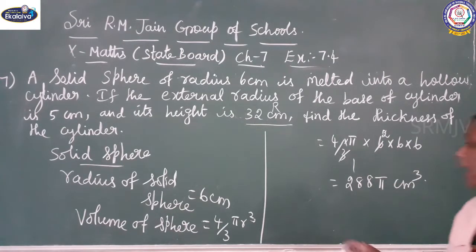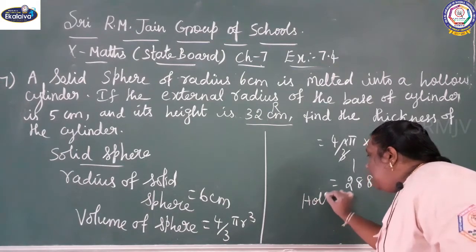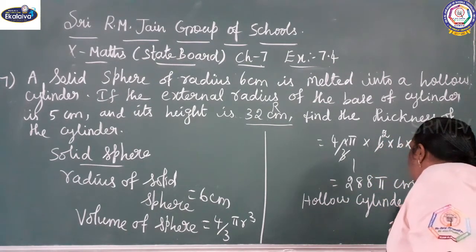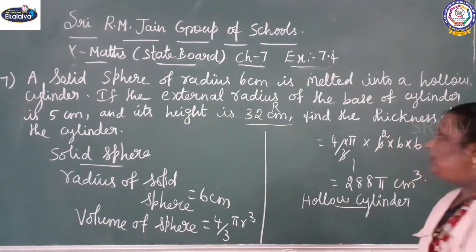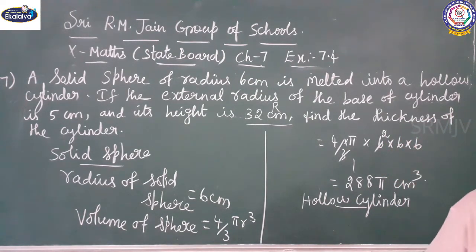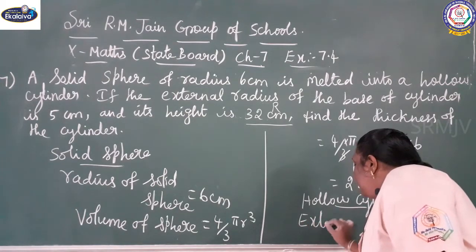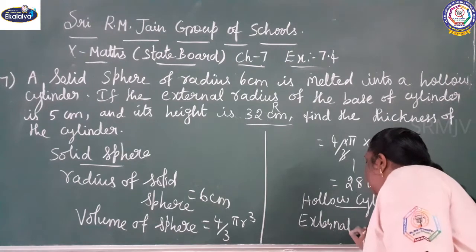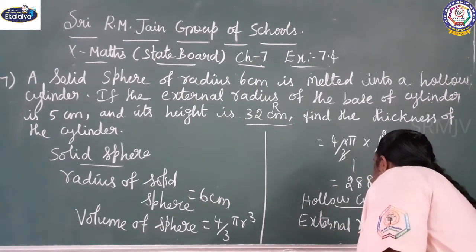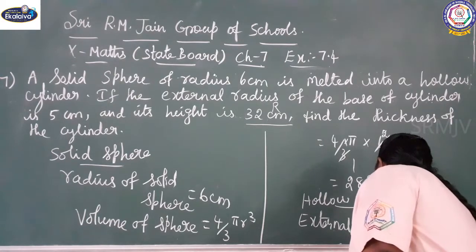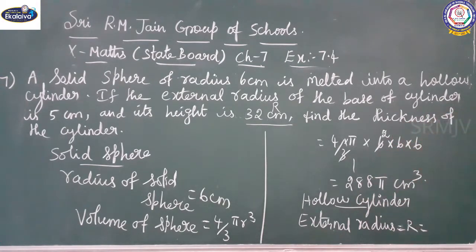Then we move on to hollow cylinder. What are the values they have given? External radius is capital R. Capital R equal to 5 centimeter.